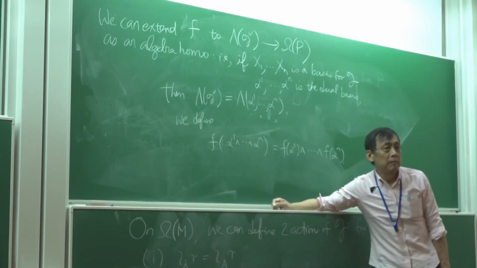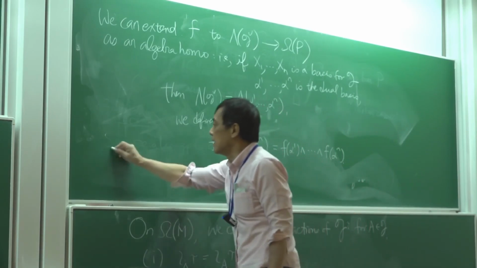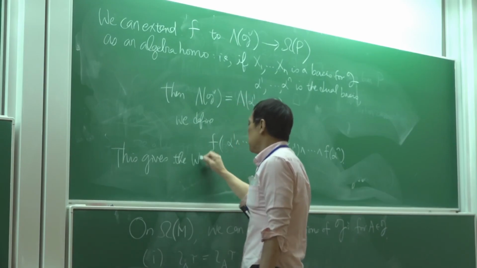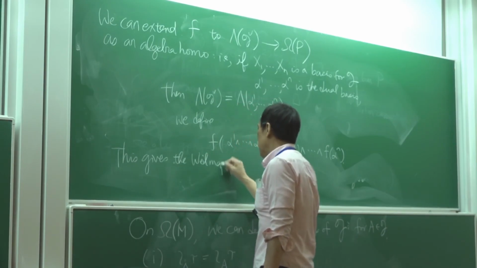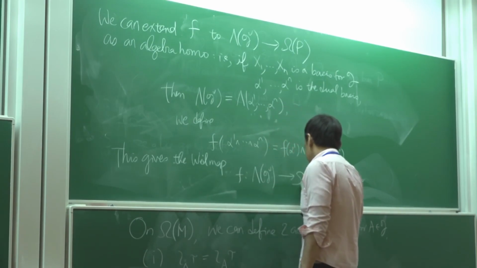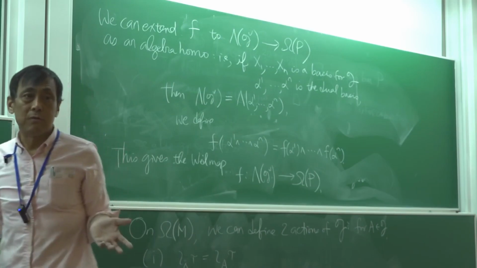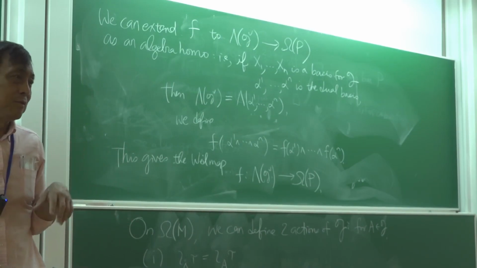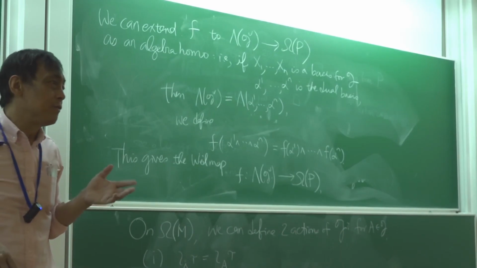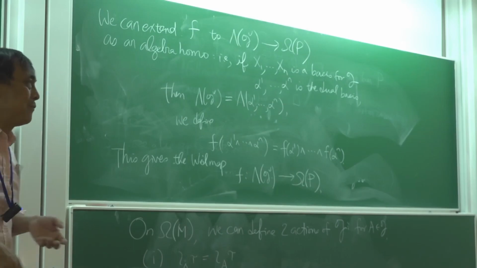So this is the Weil map on the exterior algebra. Now it's a Weil map, so I probably should call it W. But I don't call it W because W looks too much like omega, the connection. So I call it f.